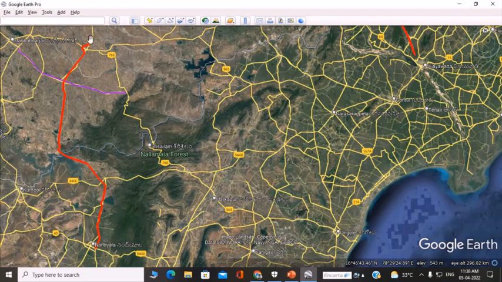And this red colored highway, whatever is visible to us now, is the new national highway under tendering process, and land is being acquired, and this is the highway number 167K, because it is connecting the number 67 highway.